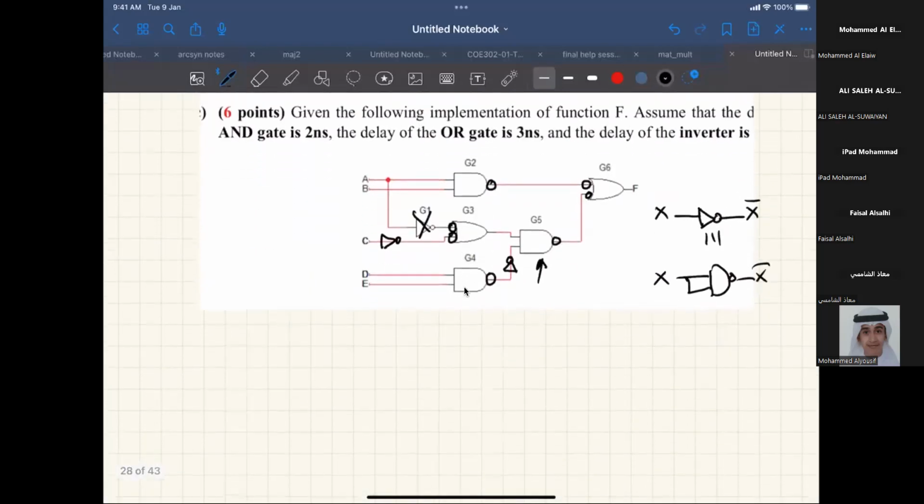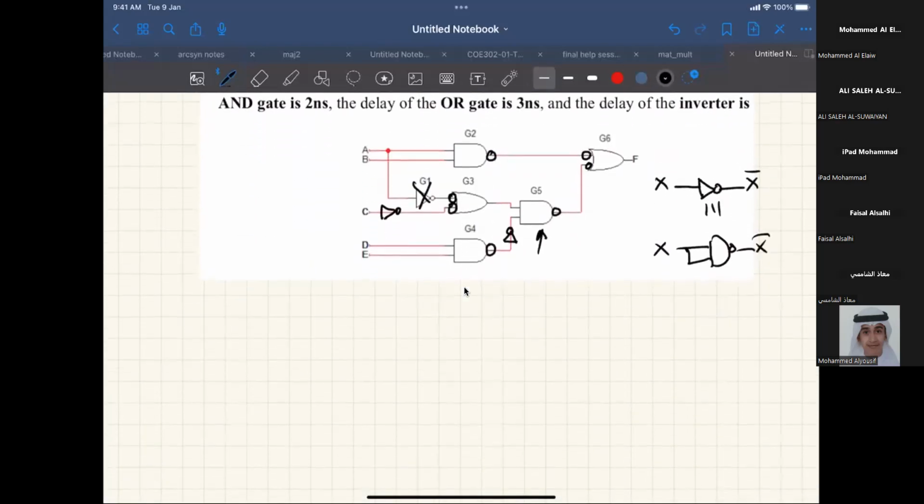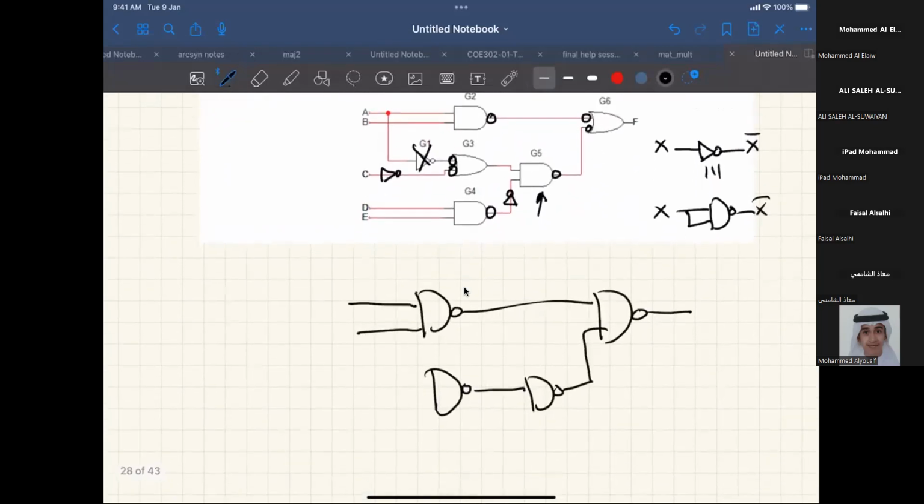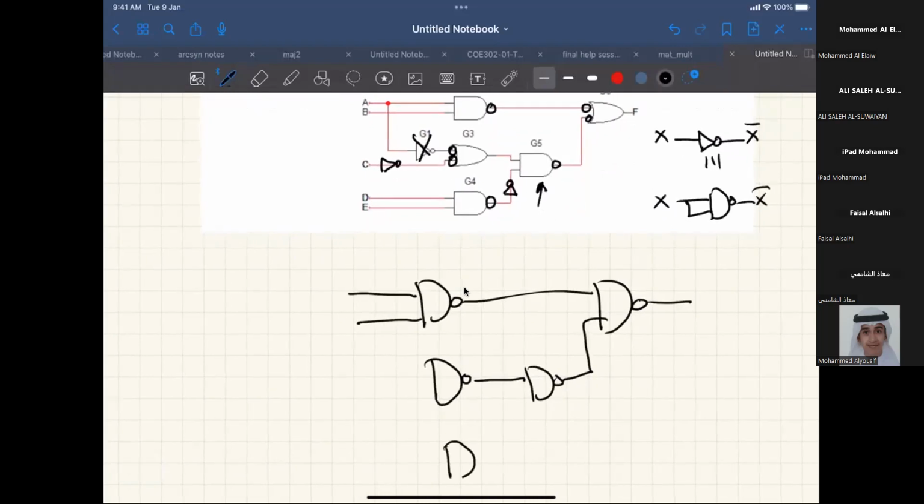All right, so redrawing this again. And then we have one here as well with an inverter.